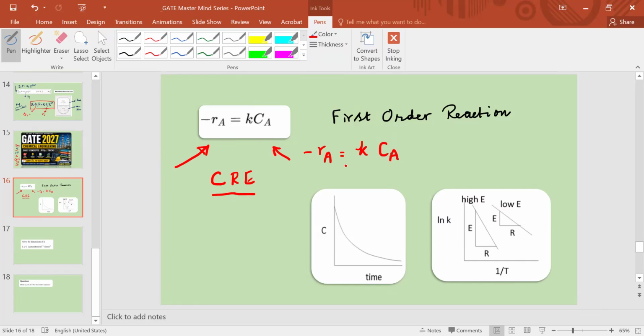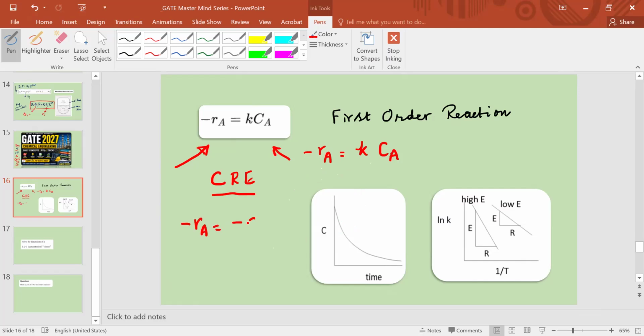Be very specific here about which is the capital letter and which is the small letter, because otherwise we will get confused with the capital and small letter notation scheme. As I said, minus rA is equal to k into CA. What is minus rA?